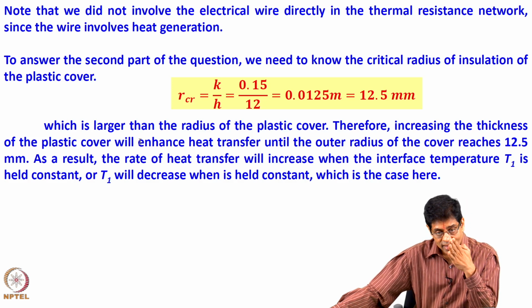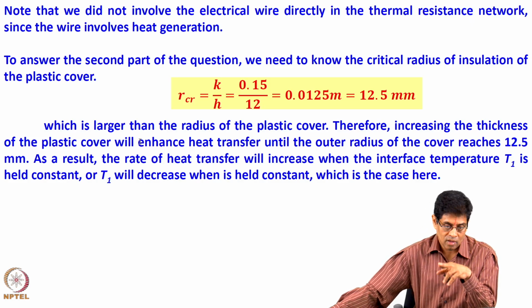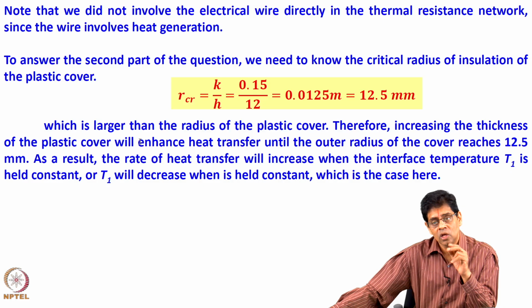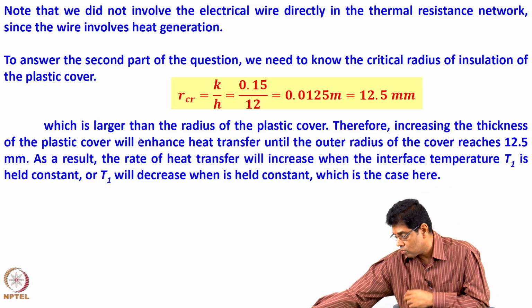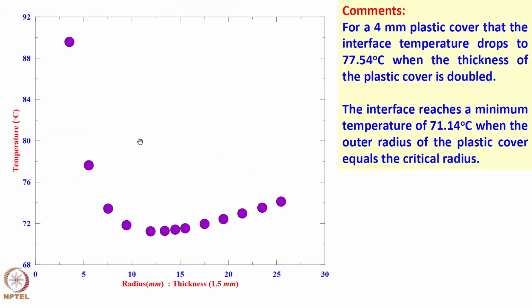Rate of heat transfer will increase when the interface temperature is held constant, or T1 will decrease when Q is held constant. So, you figure out what is to be done, because if you are removing heat, T1 will decrease. Okay. And based on this, you can get a plot of temperature versus the radius or thickness of the insulation.